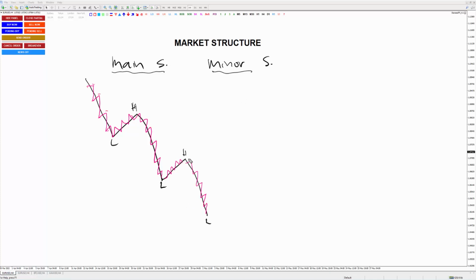Now what confuses many people when it comes to trading is something like this. Here you know that the main structure is, for example, bearish, but then the moment there is a break of structure here and price starts to go up, people think, is it a market reversal, that now the big trend is going to go up? That is what most people get confused about.